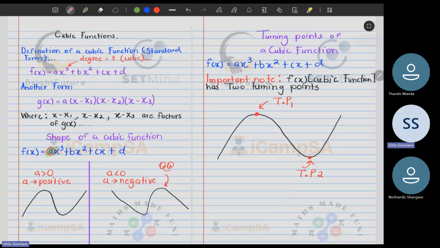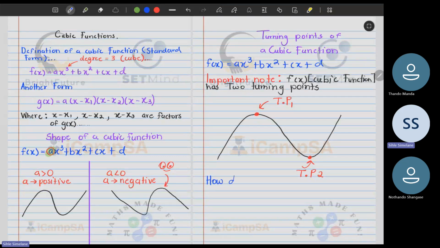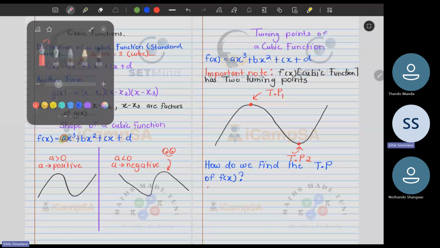There are exceptions, but we'll have a look at them. While we are speaking about the turning points, you should understand, guys, a very important question, which is: how do we find the turning points of the function which we have above, f of x? Okay, and the answer to this question is as follows.